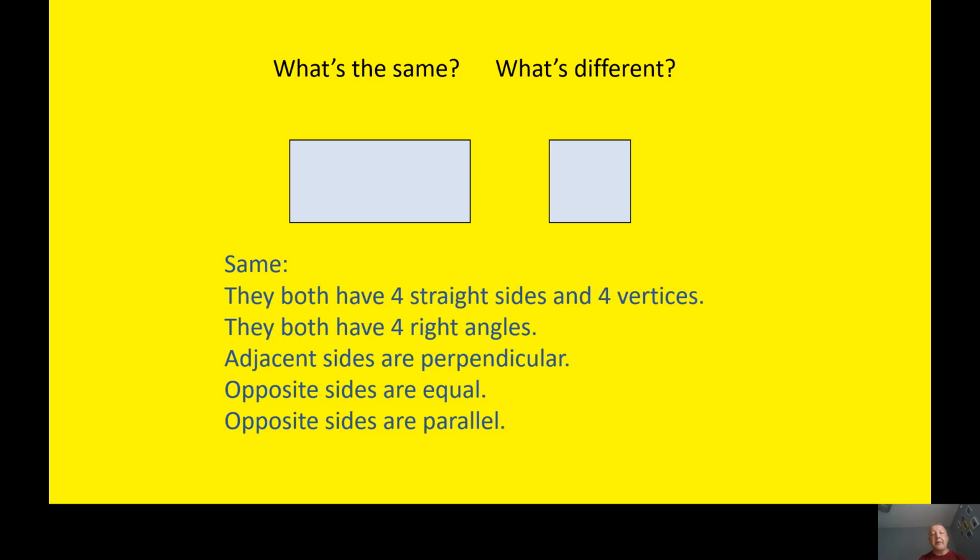Adjacent sides are perpendicular. That means one side is upright at a 90-degree angle against another. And the opposite sides are equal. The opposite sides are parallel, so they are the same distance away from each other all the time. So there's quite a few things there.